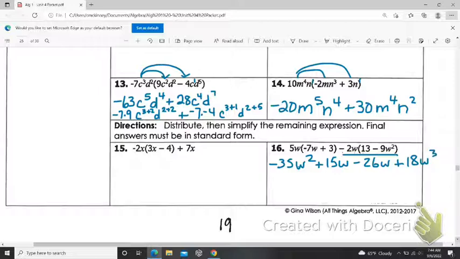So standard form, the one who has the highest power goes first. So 18w to the third minus 35w squared. And then these two are like terms, so they can get together. Okay, I hope that has been helpful so far.